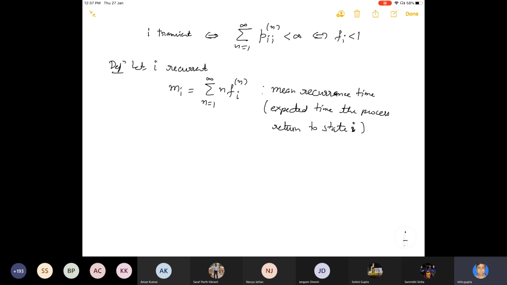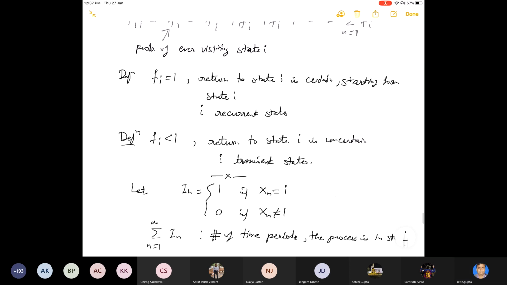Sir, is it the expected time the process returns to state I for the first time? No, not for the first time. Expected time, expected periods basically. Time here means transitions, transition steps, because time doesn't mean exactly time here. Sir, F_in means that it should return to I in the nth step and not before. Yes, nth step basically.